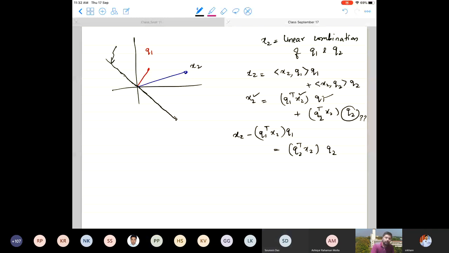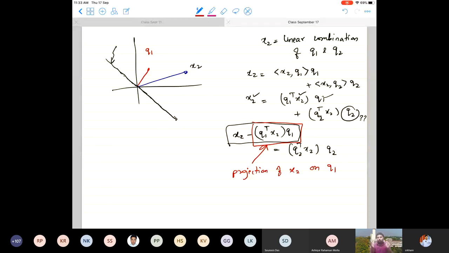So this is basically coming from the algebra. What is the geometric meaning of this? This particular entity is actually the projection of x2 on q1. And you are trying to remove that projection of x2 on q1 from x2.